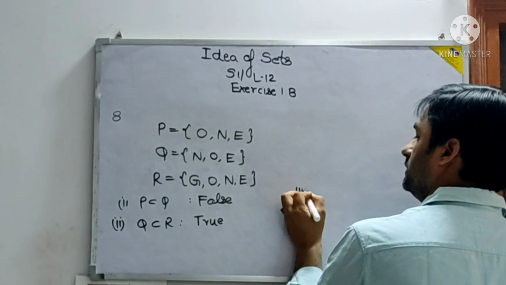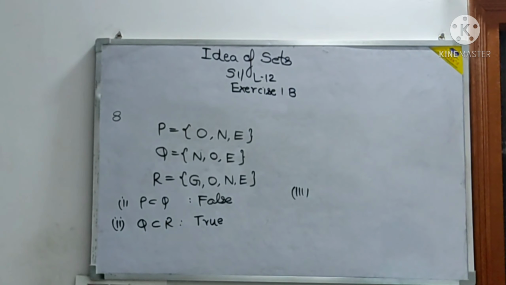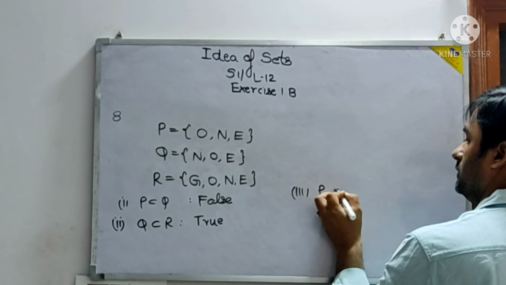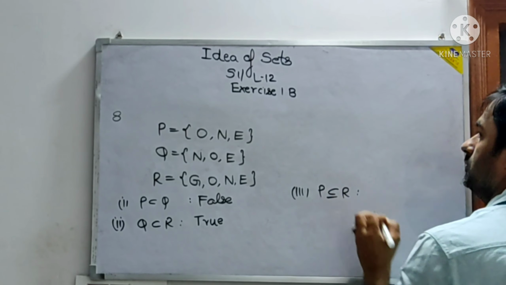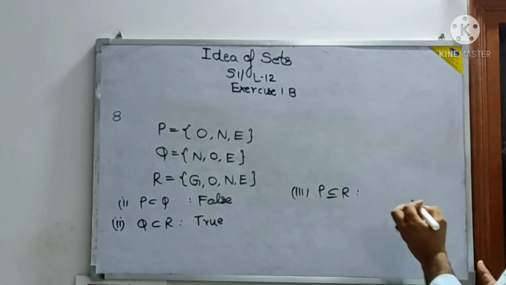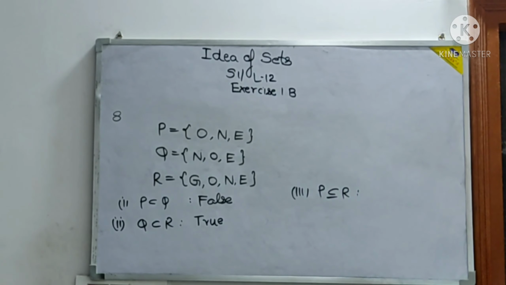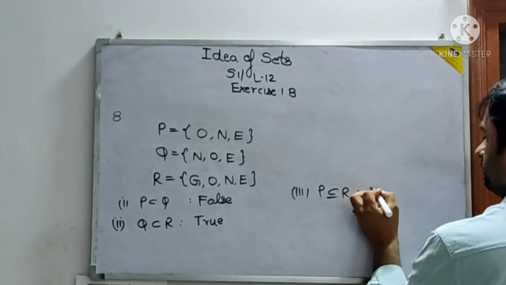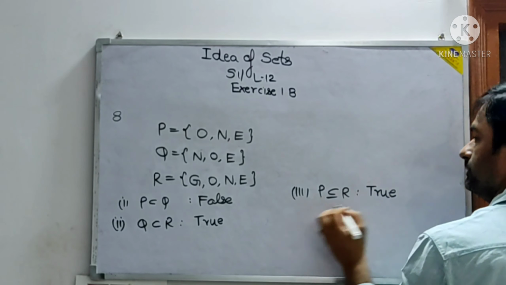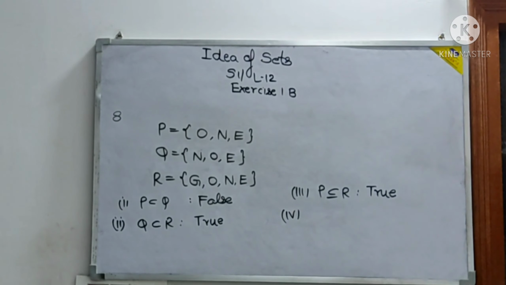What is the third one? Third is P is a subset of R. Yes, it is true. Now what is the fourth one?